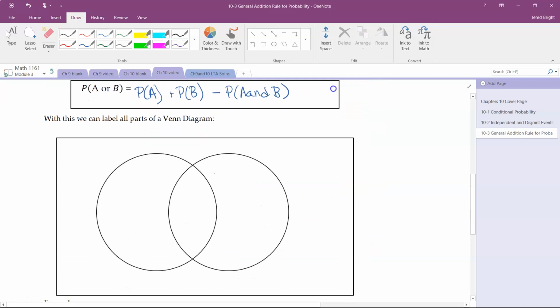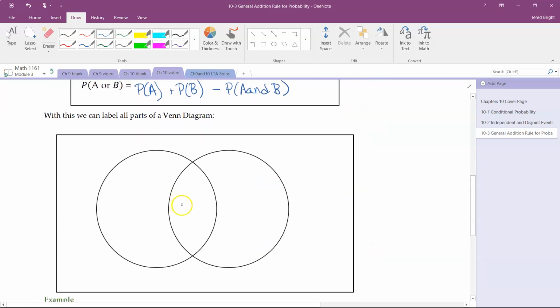If you wanted to, you could go through and label this whole thing. In here, this is A and B occurring.